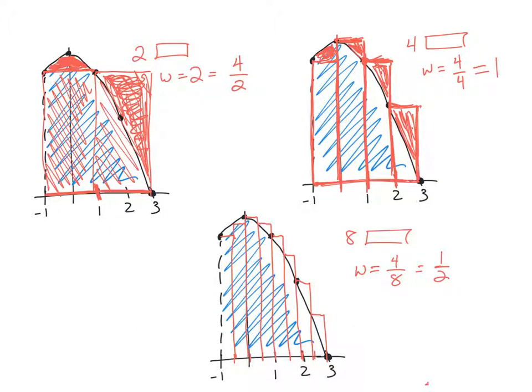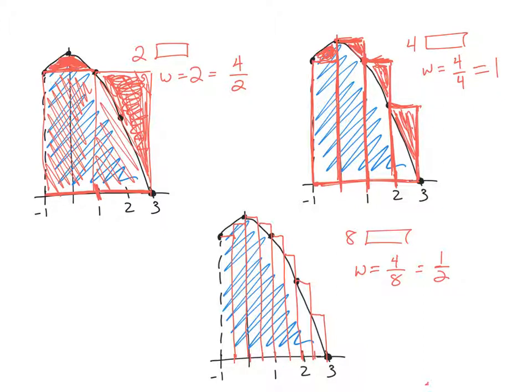Each rectangle here will have a width of 1/2 because the entire width is 4 and the number of rectangles we have is 8. And it is so much easier to find the area of a rectangle if we can keep the width a constant like 1/2 or 1 or 2. And we're doing that, we're just taking the width of the interval and dividing by the number of rectangles.